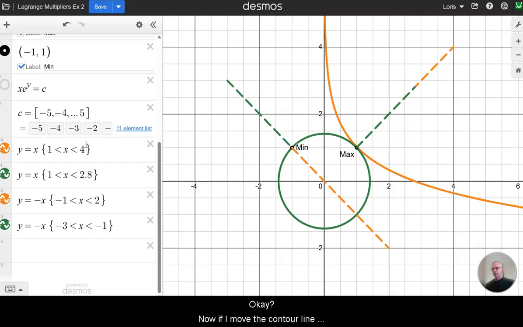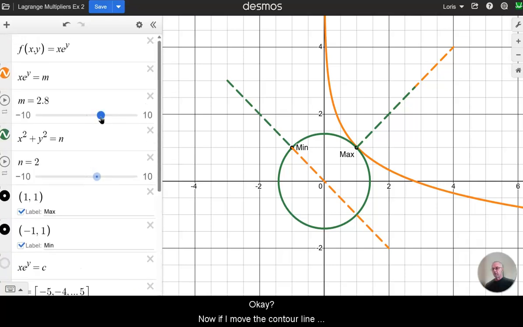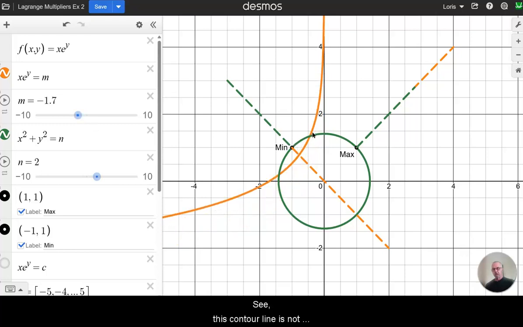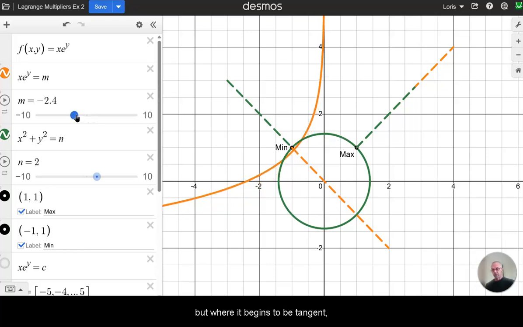Okay, now if I move the contour line over, if I keep going, notice that this contour line is not tangent to the contour line of the constraint, but where it begins to be tangent, that's where the minimum is.